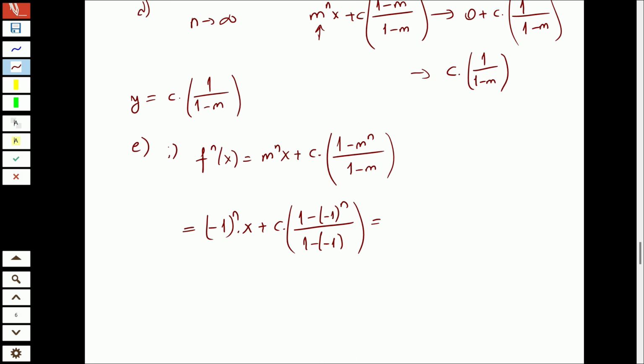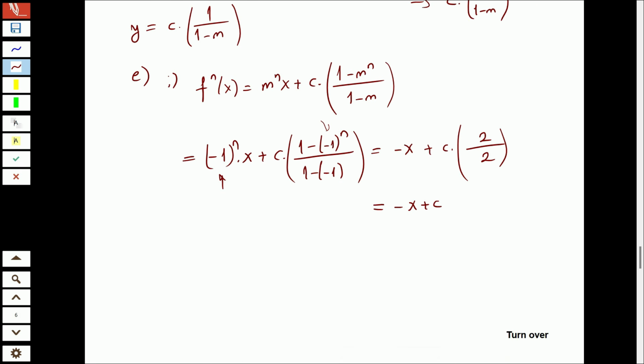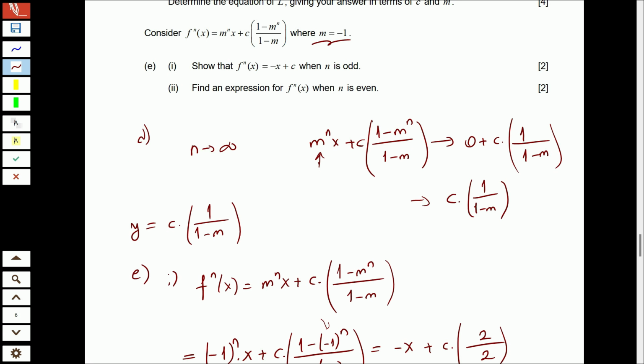If n is odd, it is gonna be minus 1, or you can just write minus x plus c times, in parentheses, let's check it here. Here will be minus 1, 2 divided by 2 will give us minus x plus c. Yeah, we showed it. The next question: find an expression for the same function when n is even.